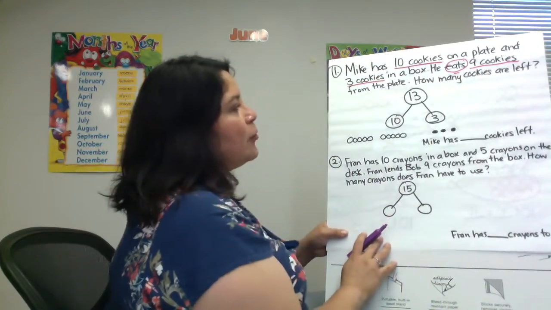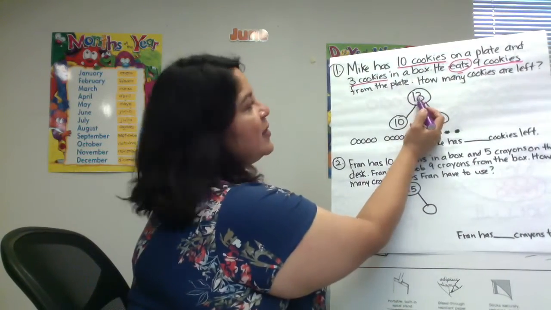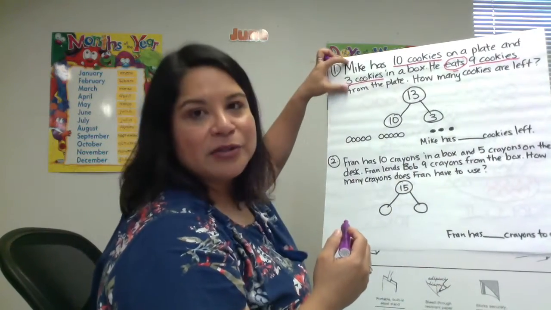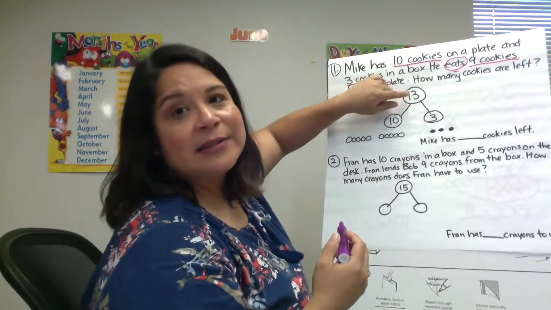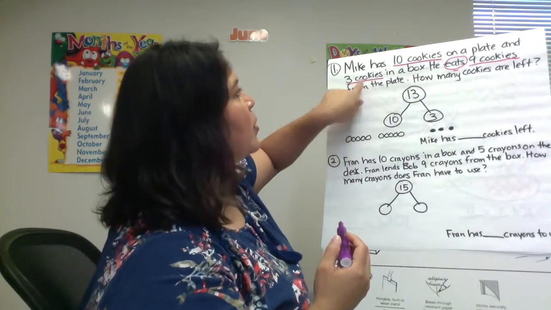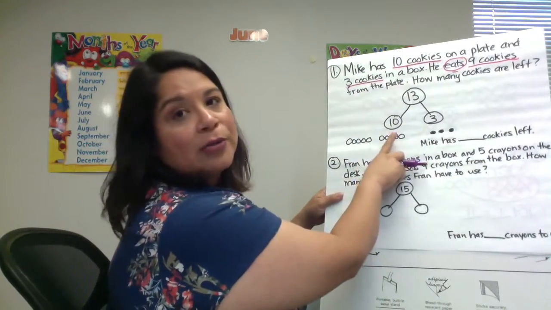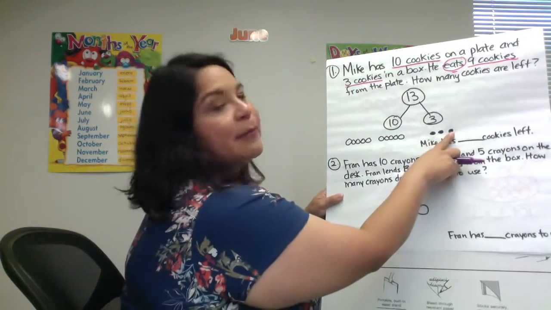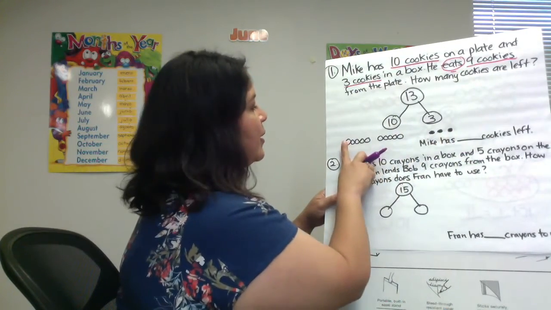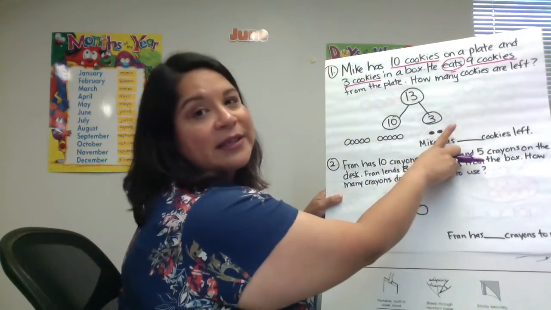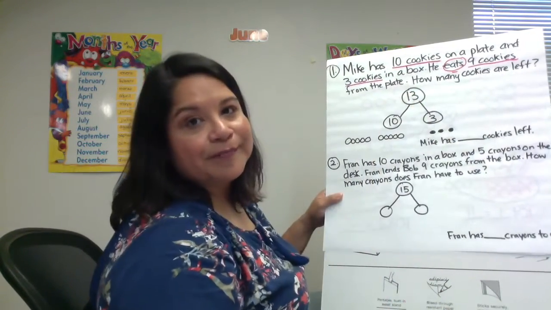Okay, so if we didn't have this right here, they're giving us a number. You might say, but that number is not in the story. How did they get this number? So let's go ahead and work on the other part. So he said that he had 10 on the plate and 3 in a box. So let's go ahead and count that. There's 10, 11, 12, 13. That's where you get this number.